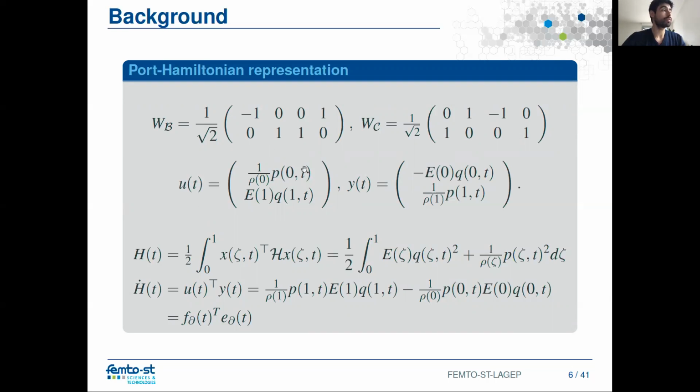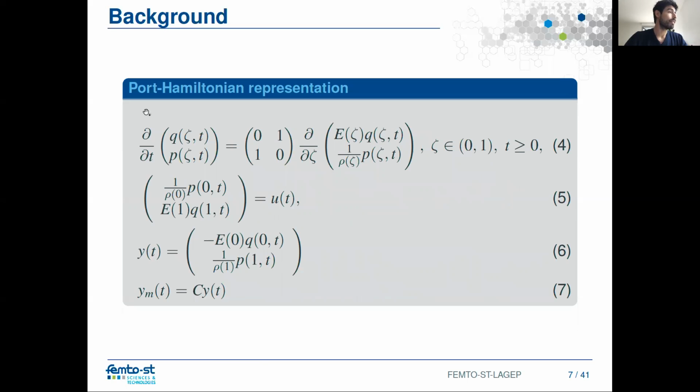And in fact, if we multiply U by Y, it's the H dot, where H is the Hamiltonian, the total energy stored by this string, and U by Y is the power coming in or going out of the system. So at the end, we have a PDE like this, the boundary condition that we can impose here, and we have the conjugated output.